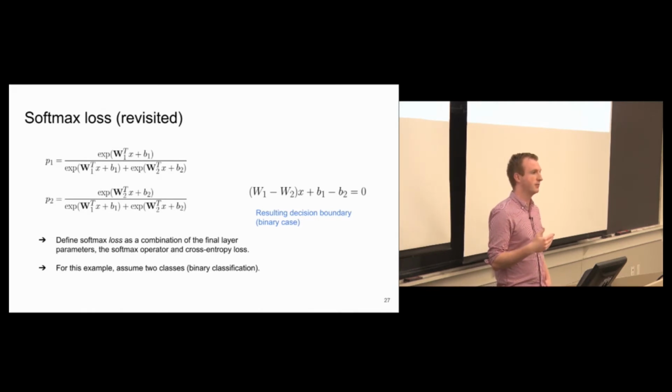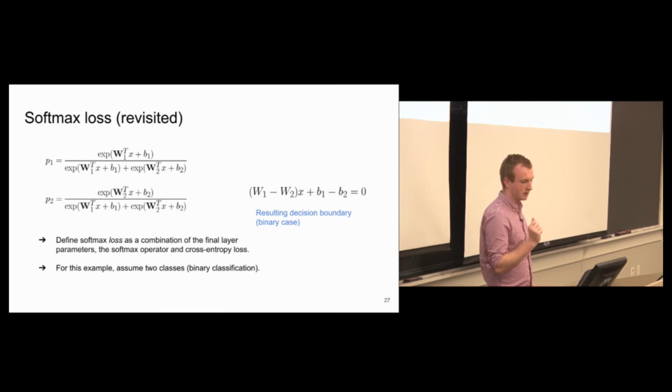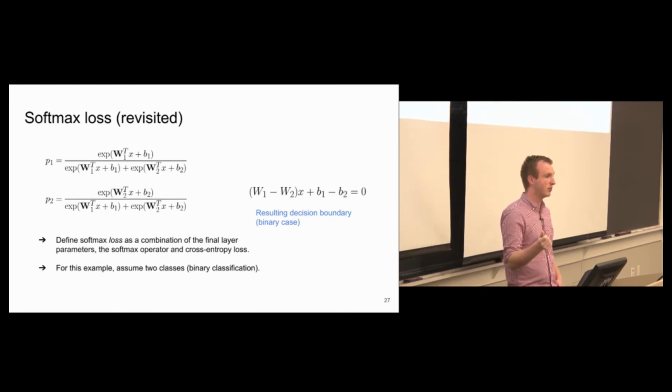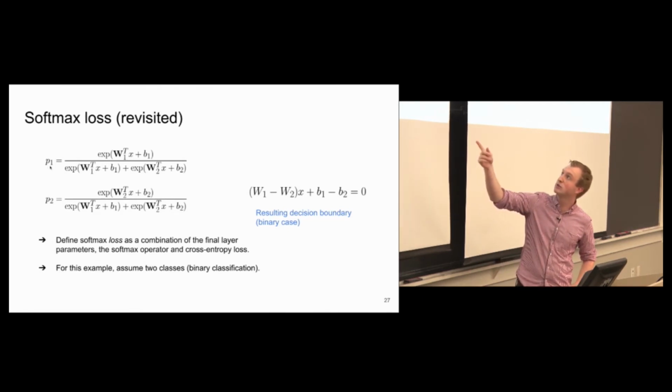W1 transpose X plus B1 is the first unit output. W2 transpose X plus B2 is the second unit output. With the softmax formulation, the probability of class 1 is given at the top, and the probability of class 2 is given here.